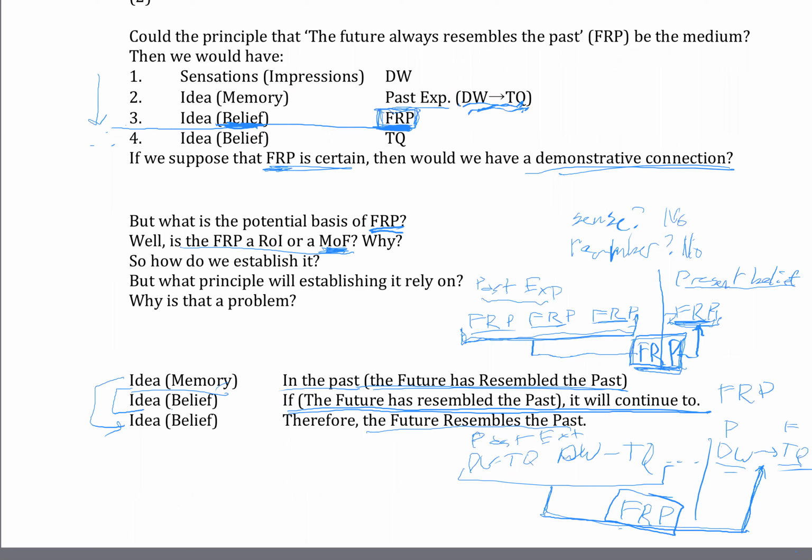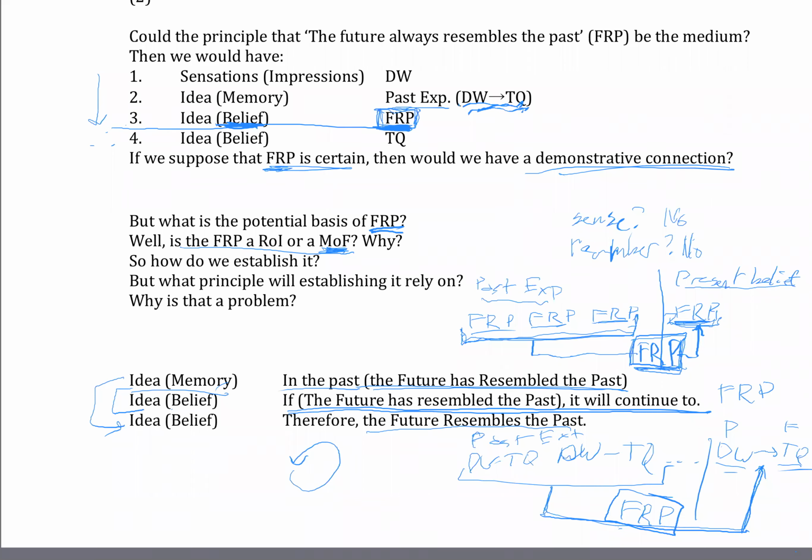We're using the very principle, the future resembles the past, that we're trying to prove in the demonstration of it, right? So we're reasoning in a circle. We're trying to establish the future resembles the past on the basis of the future resembles the past. And if Euclid did this, then everybody would be very angry with him. His proofs wouldn't work.